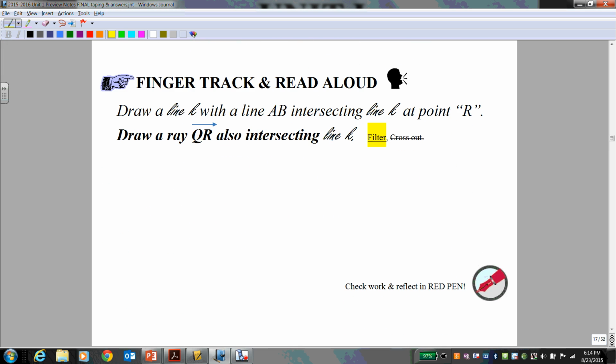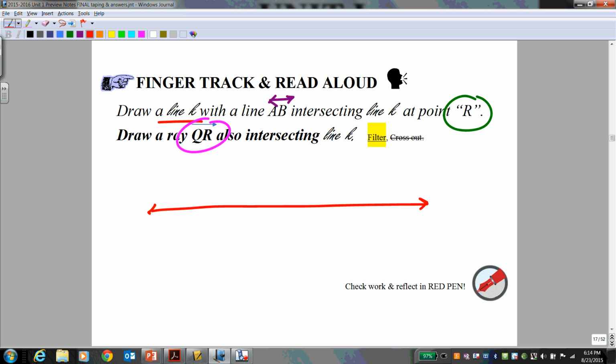Taking a look here, translating this sentence, we're going to draw a line K with a line AB intersecting line K at point R. We're going to draw a ray QR also intersecting line K. So you have a line K here.